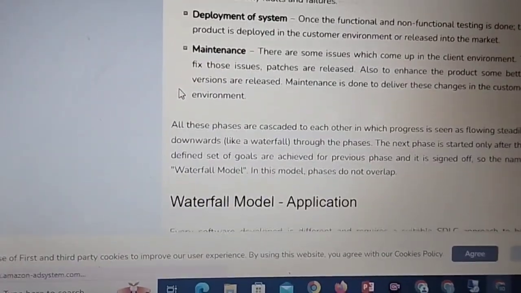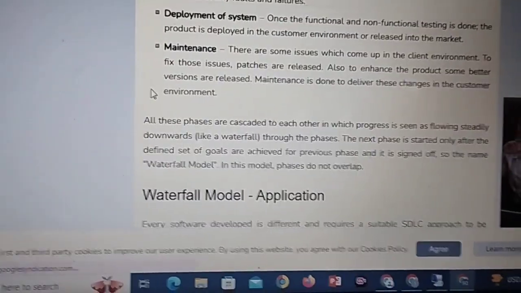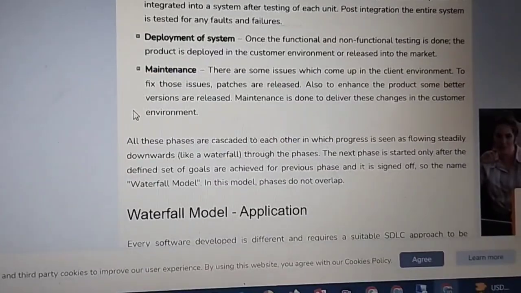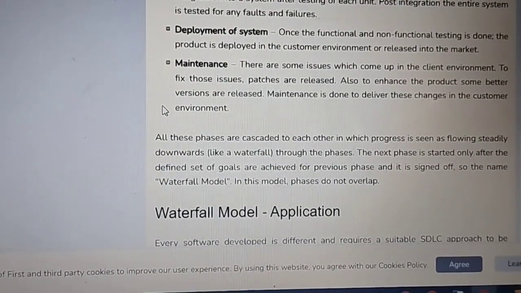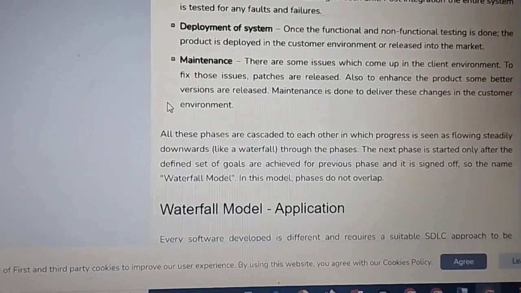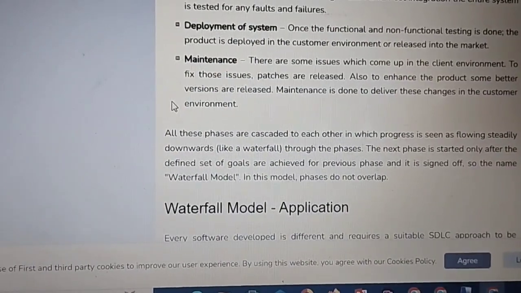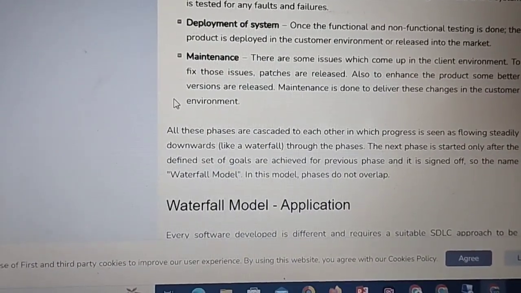The next one is the maintenance. There are some issues which come up in the client's environment. To fix those issues, patches are released, and enhancements produce some better versions of the release. Maintenance is done to deliver these changes to the customer.